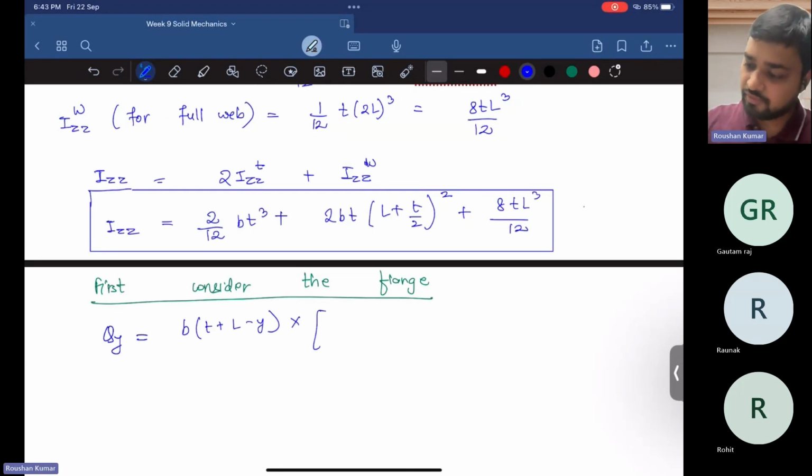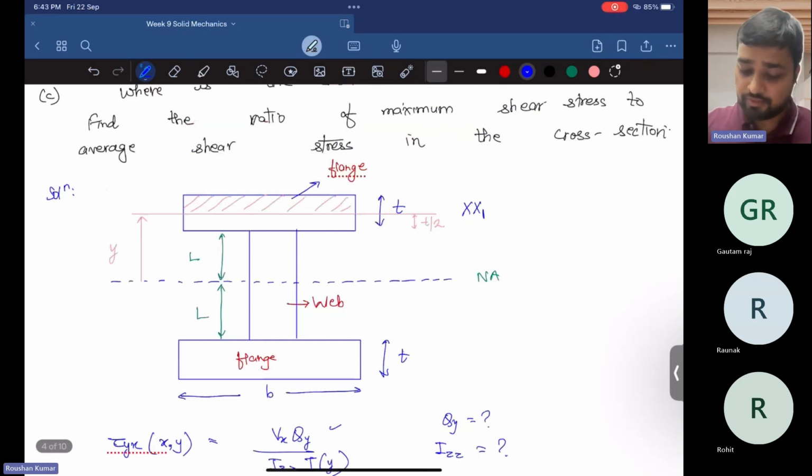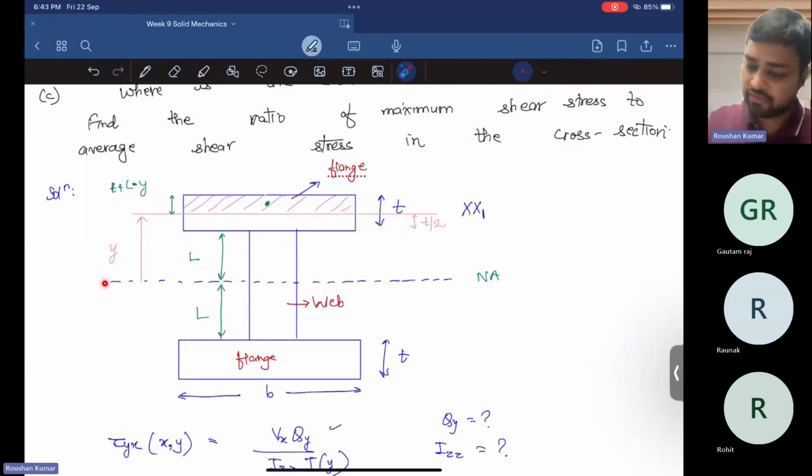So this is our centroidal distance. So this is the point, and we have to find the centroidal distance. If we take this distance, this is nothing but t plus l minus y, and if we take the half, we can find the centroidal distance from this position, and if we add y, then we can find the centroidal distance from the neutral axis.